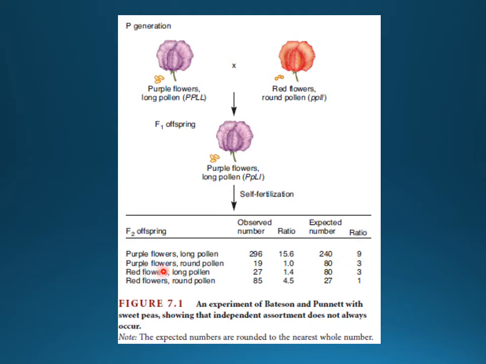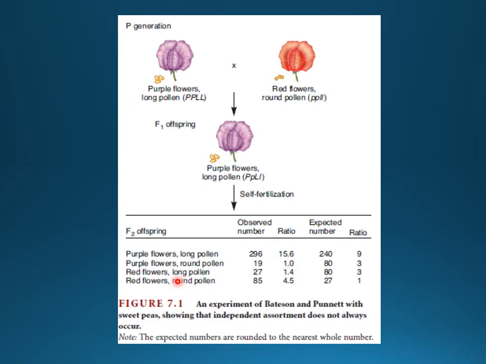Purple flowers, round pollen: this is a new combination and this is much less. The normal expected ratio was 3, but the actual ratio is only 1.